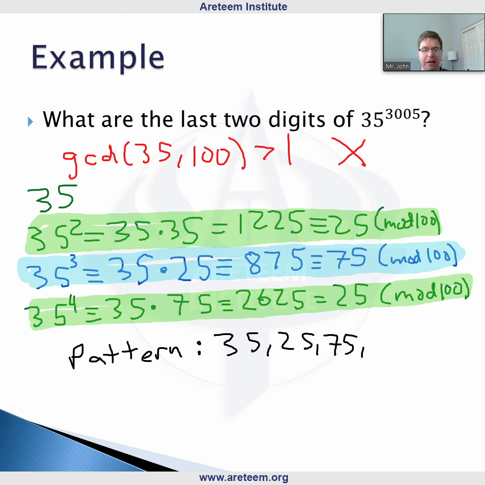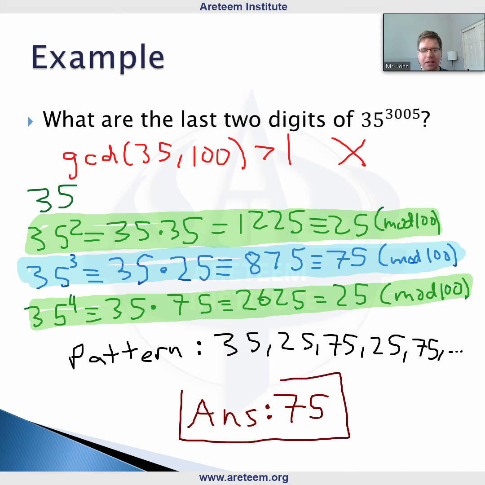So the 35 never comes up again, but every odd term after the first is going to be 75 in this case, meaning that our answer in this scenario, because 3005 is an odd number, is 75. So the last two digits of this power of 35 are 75 at the end.